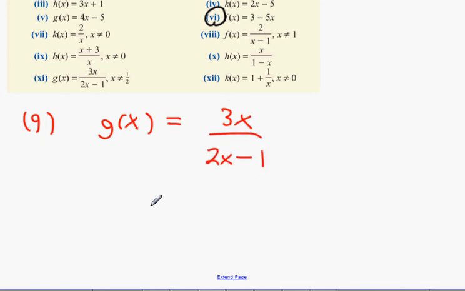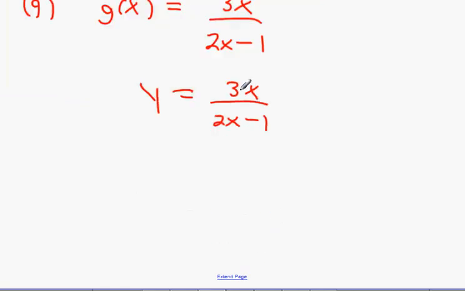So y equals 3x over (2x minus 1). Now what you guys have to do is isolate x. Now it's really difficult to do. First thing to do is bring this up and multiply it out. You get 2xy minus y equals 3x.